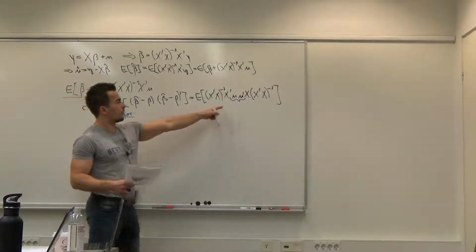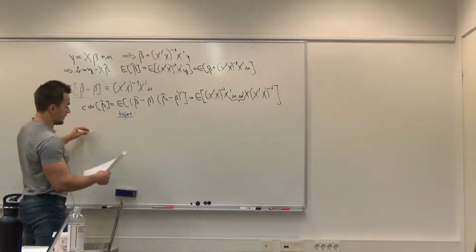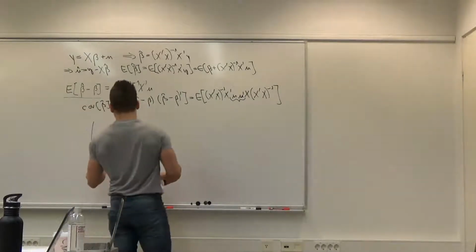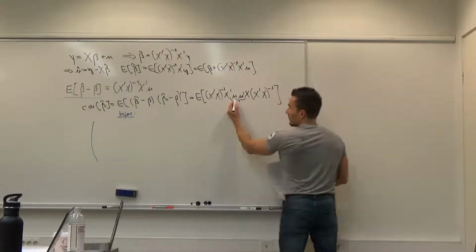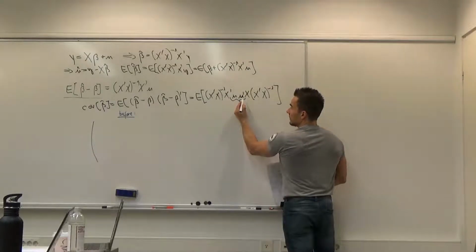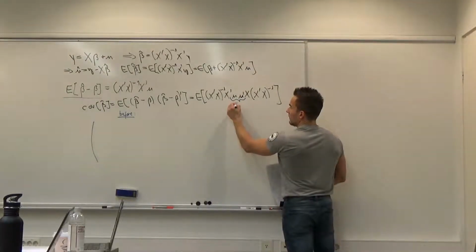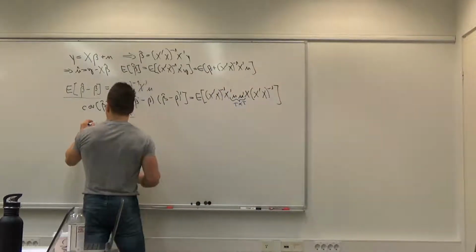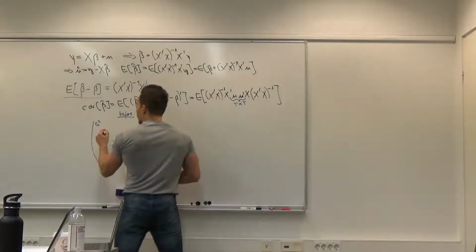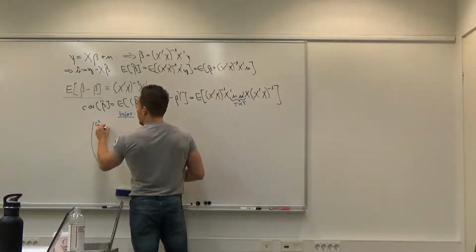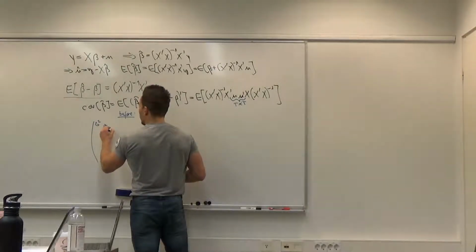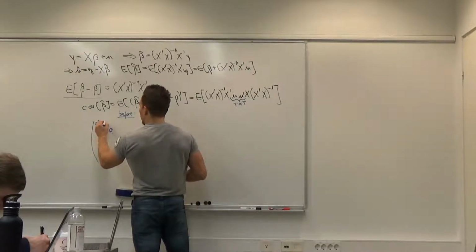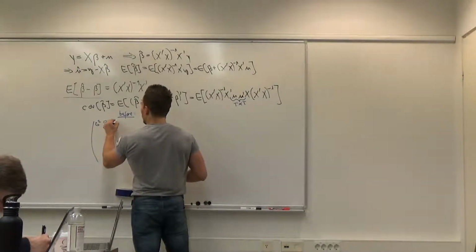We know what that guy here is. It's a T by T matrix, because this is a T by 1 vector times itself transposed. So what we have here is a T by T matrix. And we know that according to our assumptions, we have the sigma squared on the main diagonal, right? And everywhere else has zeros.